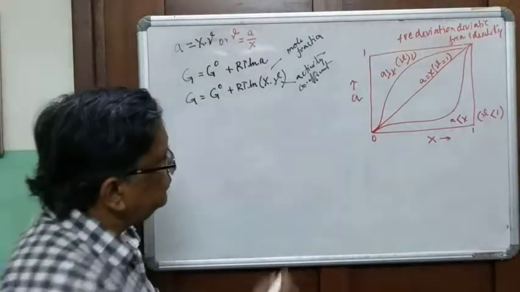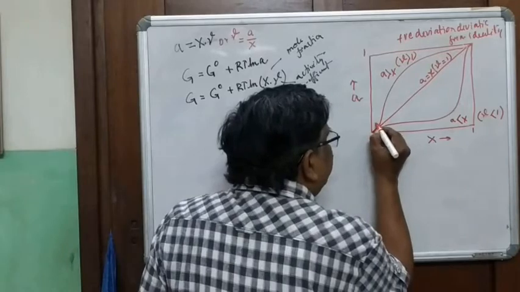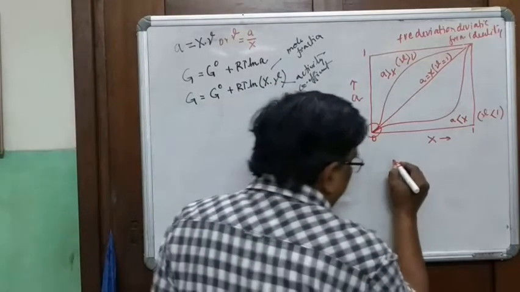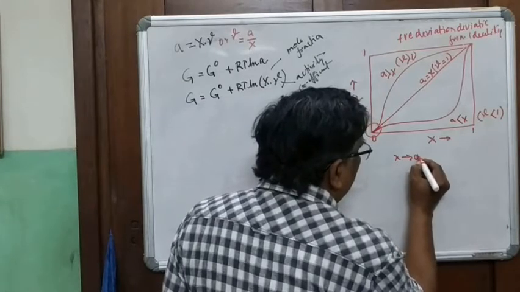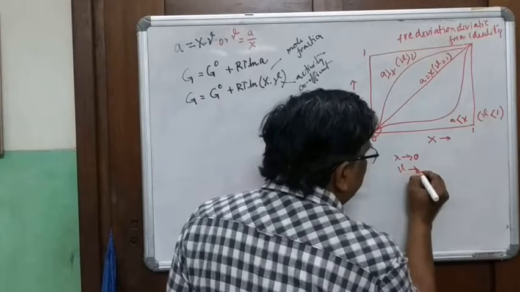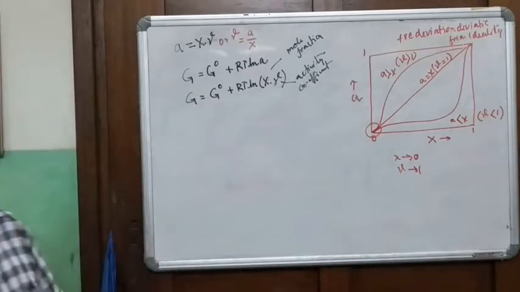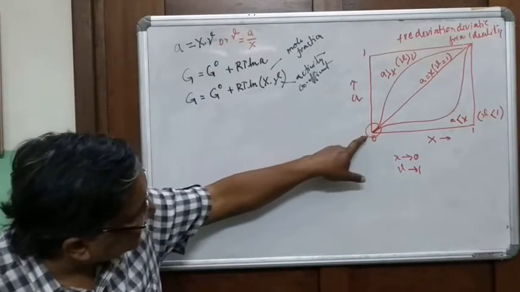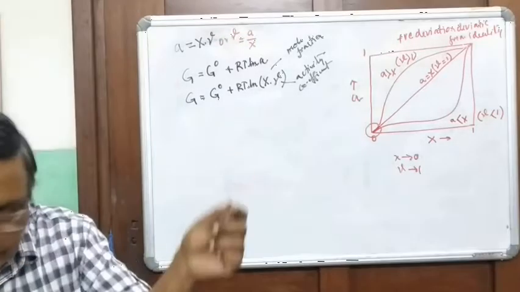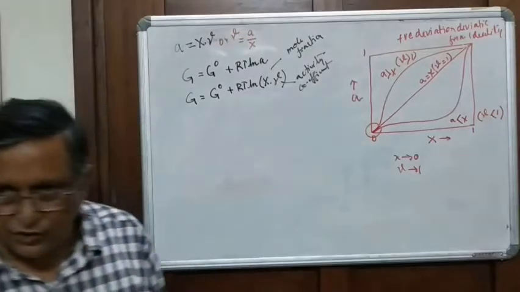Now, this part you note very carefully. I told you, as X tends to 0, gamma tends to 1. So, at very high dilution, that means X tends to 0, gamma tends to 1.